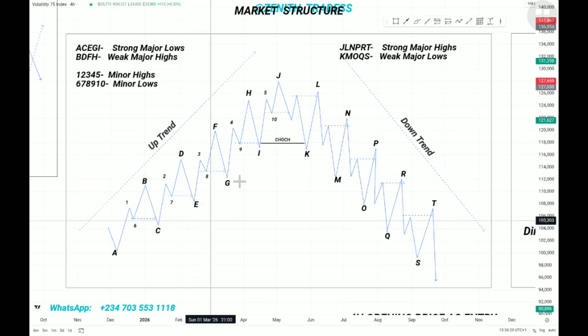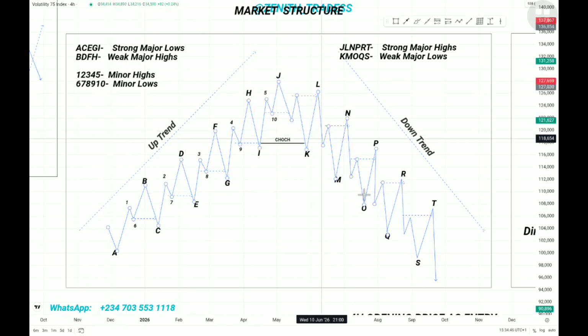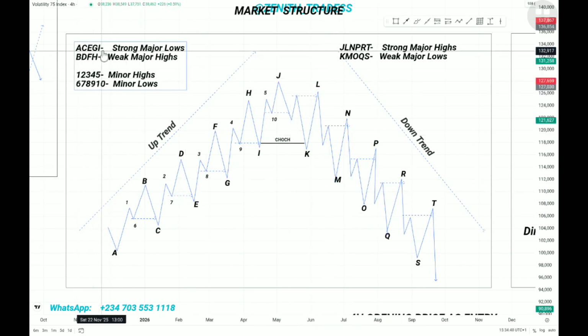You are not trading in line with it, but you must understand structure. You mark the structure correctly, then you determine the phase you are in at the moment. Once the phase has been determined, you find the directional candle that is in line with the objective of that phase. If you do not find the directional candle at that moment, it means there is no entry for you. So all in all, we discuss here ACE, ACEG.